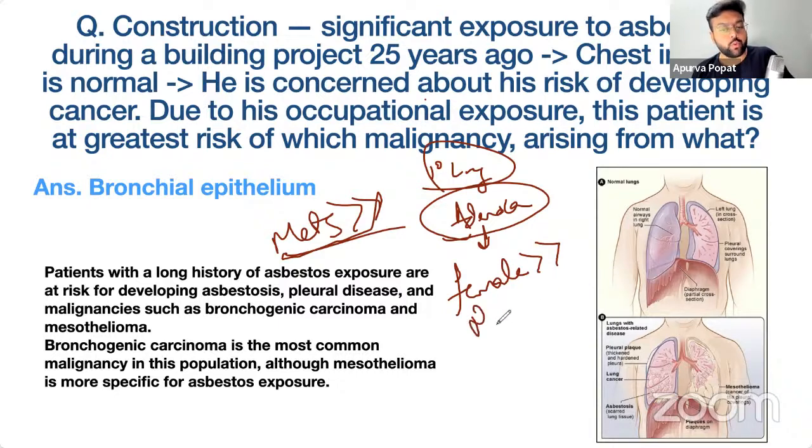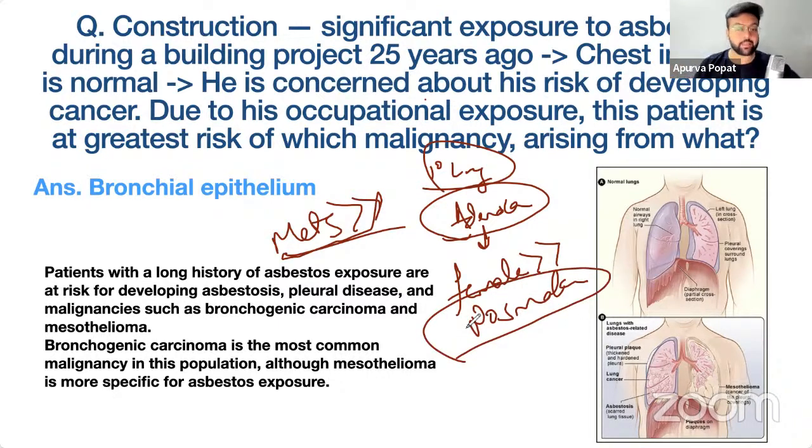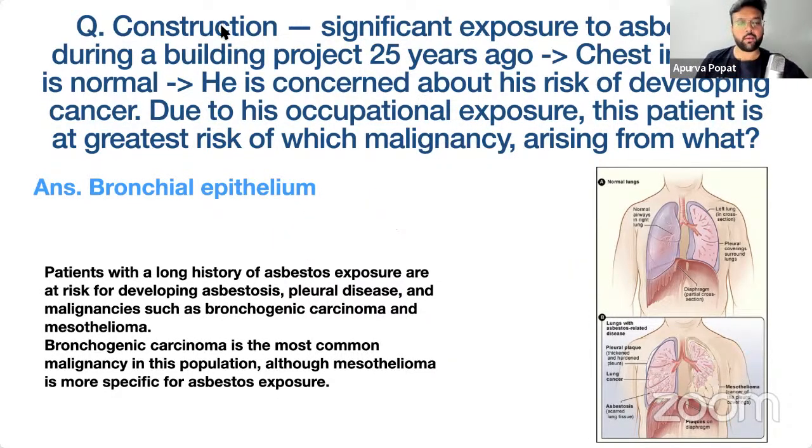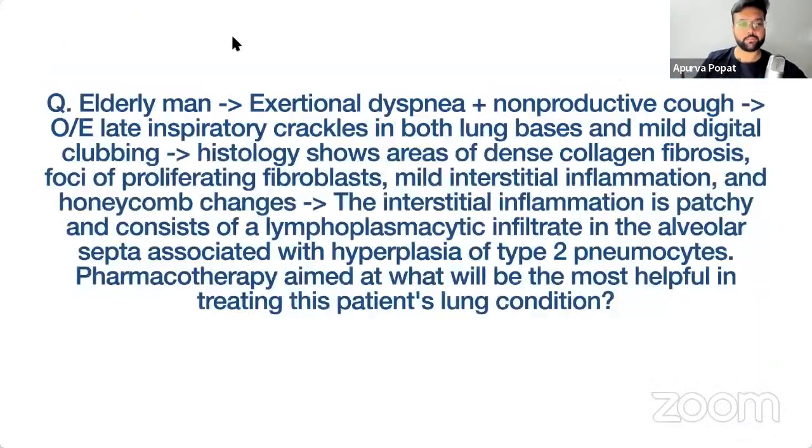No. No smoking. So adenocarcinoma is the most common primary cancer of the lung, followed by squamous cell carcinoma, and then you have small cell and large cell and carcinoid. So the most common primary lung tumor is adenocarcinoma of the lung, of course, followed by metastasis. So that's the odds.